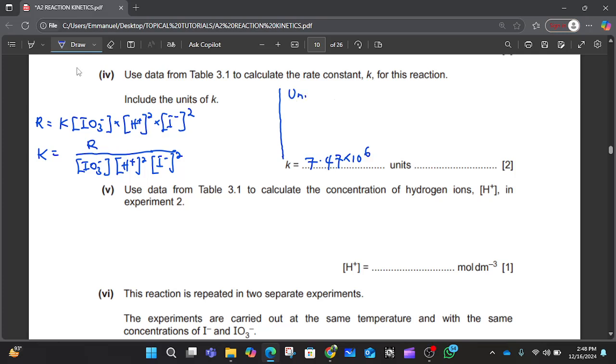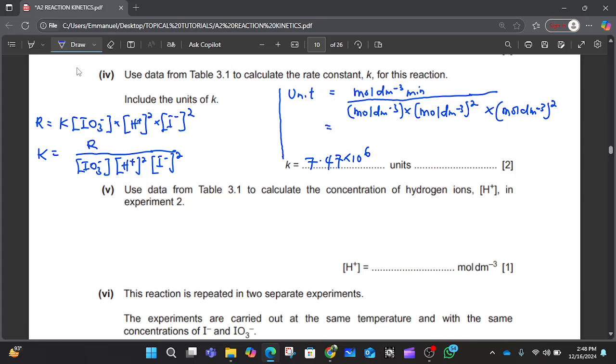For the unit, we saw that the unit of rate is mole per decimeter cubed per minute from the table, divided by the concentration of IO3 minus, the unit is mole per decimeter cubed, times the concentration of H plus, the unit is mole per decimeter cubed squared, times that of I minus, which is mole per decimeter cubed squared.